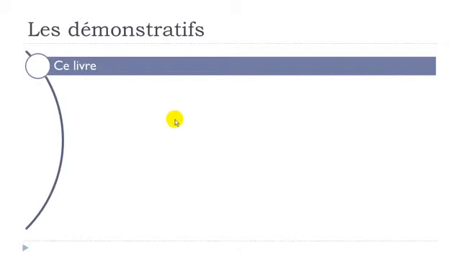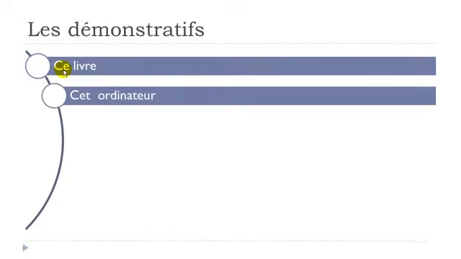One example, ce livre. So, this book, livre is book. Here, livre is masculine, so you will have to use the ce. And it doesn't start with the sound of a vowel, so it's the basic ce. This book, ce livre. And now we've got ordinateur.